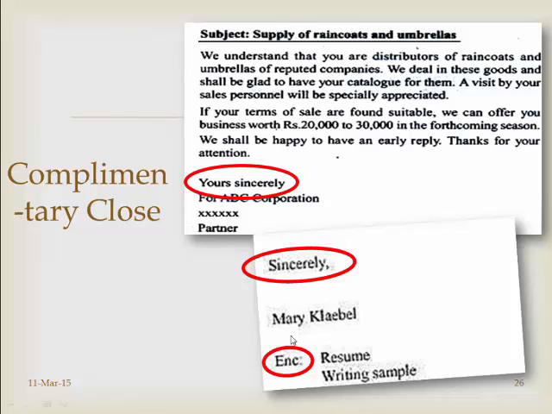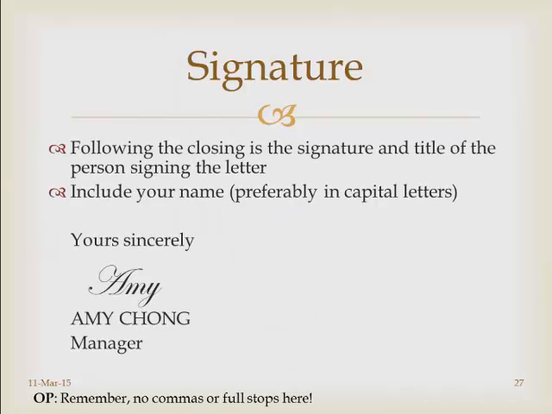Here I just wanted to point out that sometimes in a letter you want to enclose or attach certain things. If that is the case, put in "Enclosed" or "Enc." with a colon and then put in what documents you've attached with the letter, so that it's clear for the reader. Finally, you have your signature.